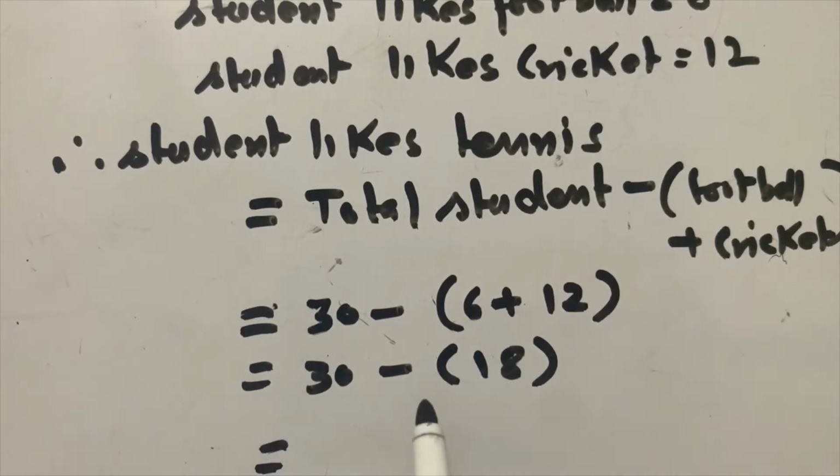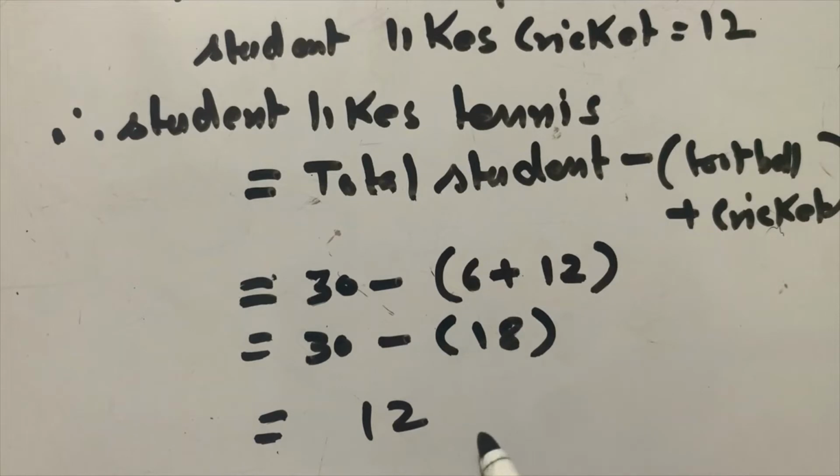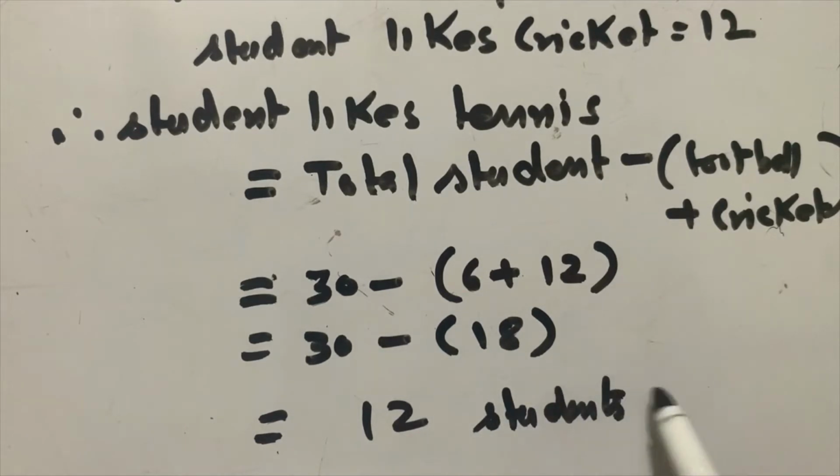Therefore 30 minus 18 is 12. Therefore 12 students like tennis.